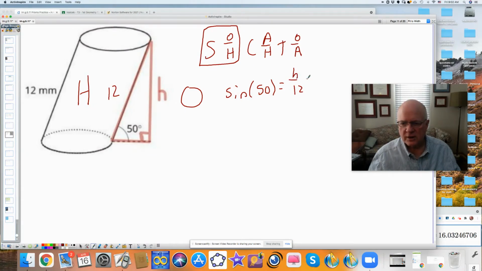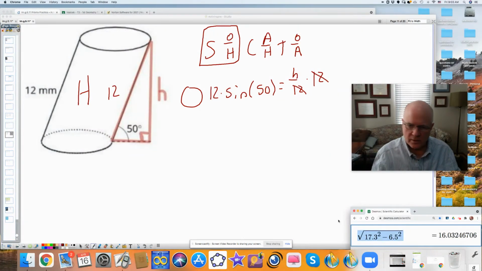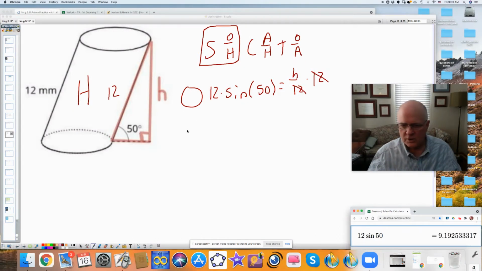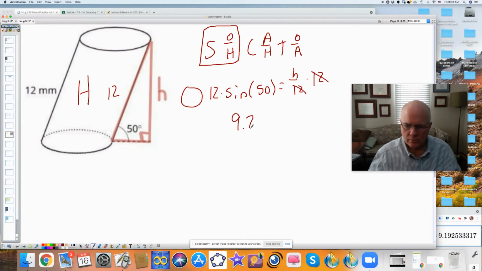To isolate the variable, we'll do the inverse operation, multiply both sides by 12. And I get these two cancel. In my calculator, the height is 12 sine of 50, or 9.2 is my answer.